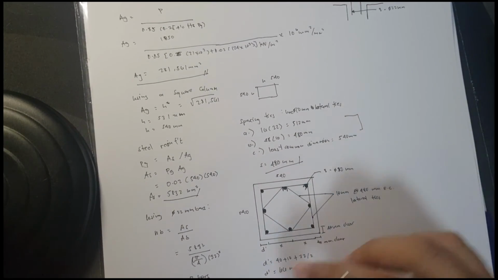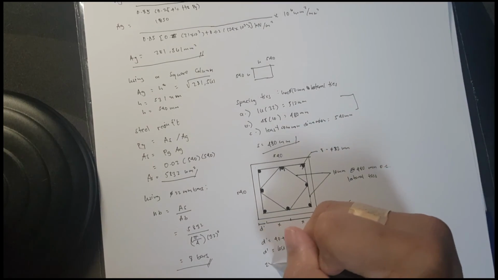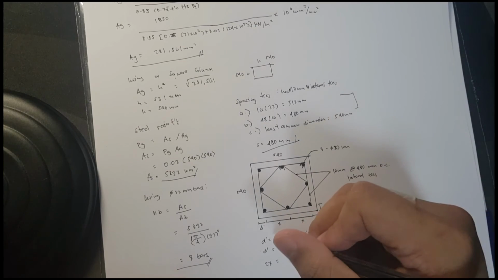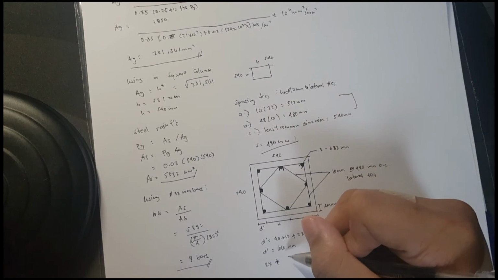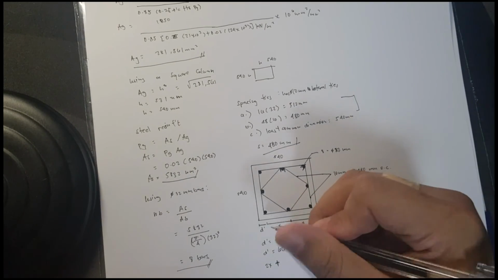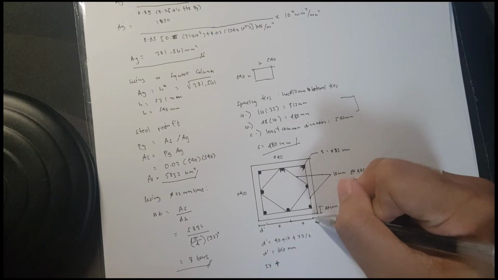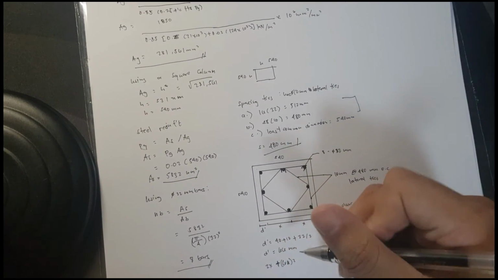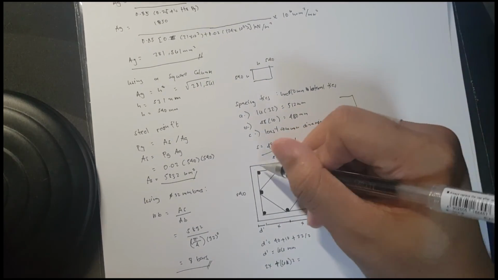So paano naman natin mahanap yung x? So yung x natin is 2x, kasi dalawa siya, plus yung d prime natin. Ano yung d prime natin? 66. Dalawa yung d prime natin. Plus 66 times 2 equals yung kabuuan na 540.